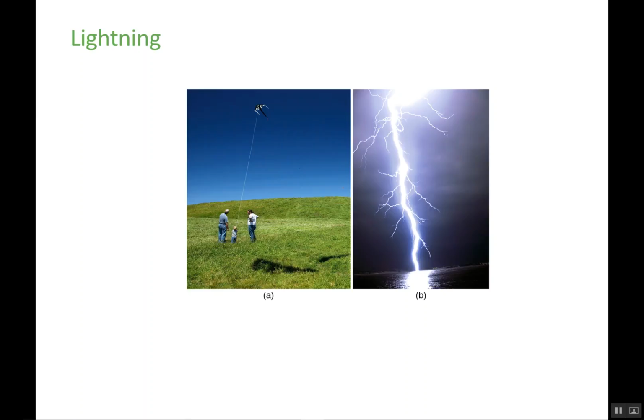And under certain situations, that charge buildup can become so great, the electric field between the Earth and the sky can become so strong, that the air that exists between these buildups of charge, which is an insulator under normal situations, actually breaks down and ionizes and becomes a conductor. And for a brief moment in time, there's a channel of ionized air through which this charge can migrate. And that gives rise to a lightning strike.